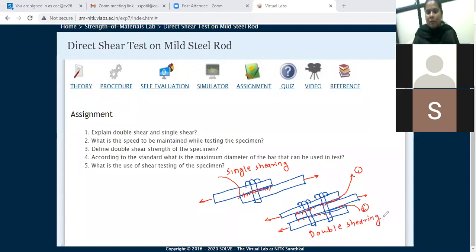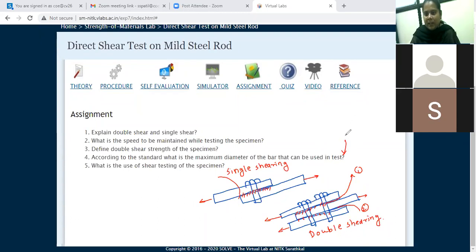Okay. Then the next, second question: what is the speed to be maintained while testing the specimen? Define the double shear strength of the specimen. Double shear strength we have already studied. According to the standard, what is the maximum diameter of the bar that can be used in the test? Now you tell me the answer. Maximum diameter of the bar, I already told you in the specimen details.